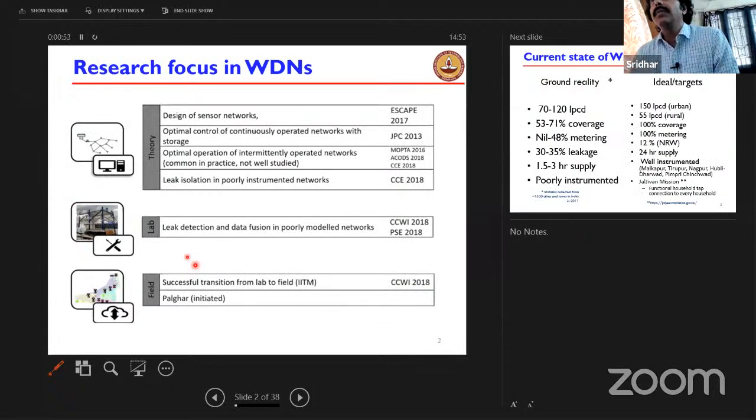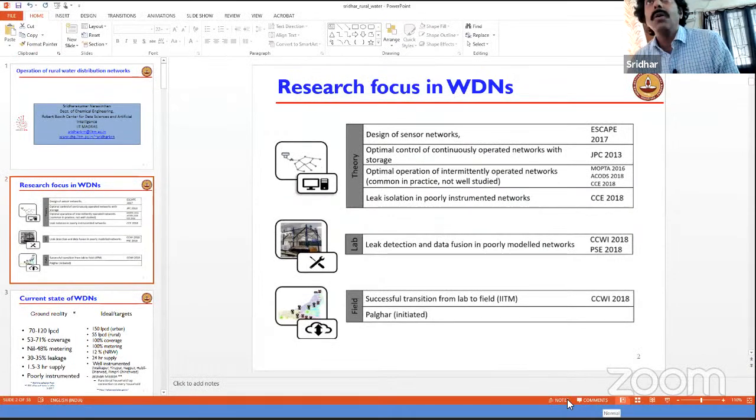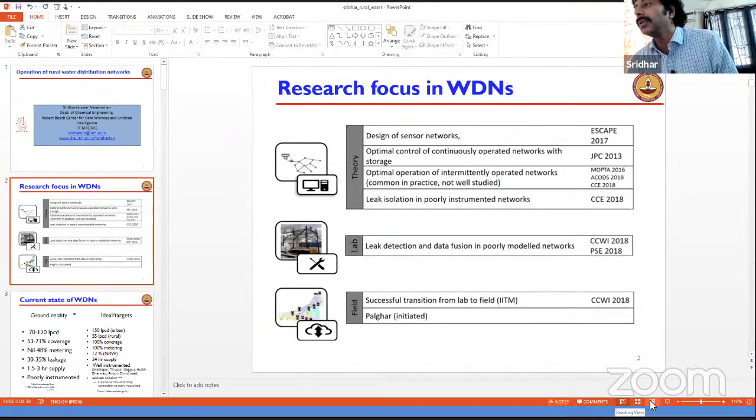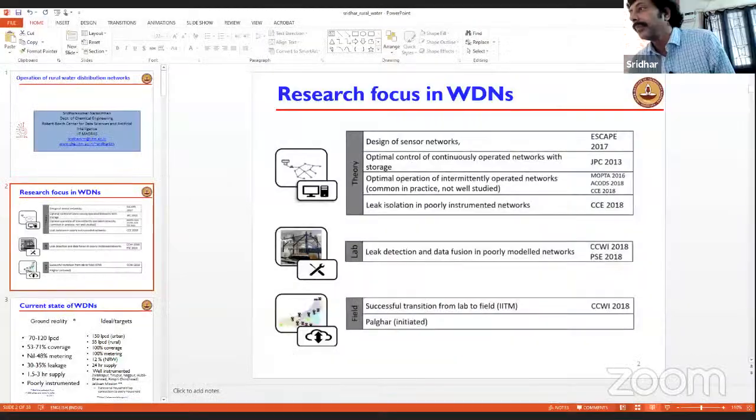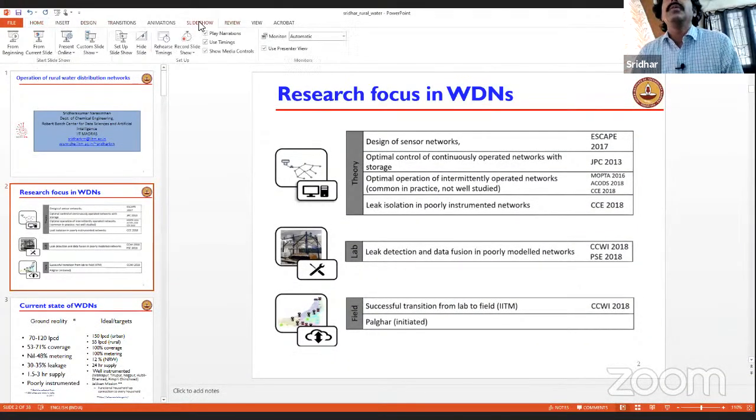So when I say WDN, it stands for Water Distribution Networks. We've been working on this area for the last several years. Sorry to interfere. We are also seeing the notes or the next slide that is going to come up. Is that how you want to keep it? No, that's not what I intended. Now we are able to see only one slide, but you just have to go to the full screen. Is that okay? No, it's gone back to that mode. How about now? Is it okay now?